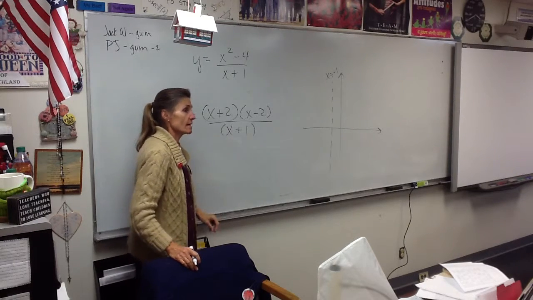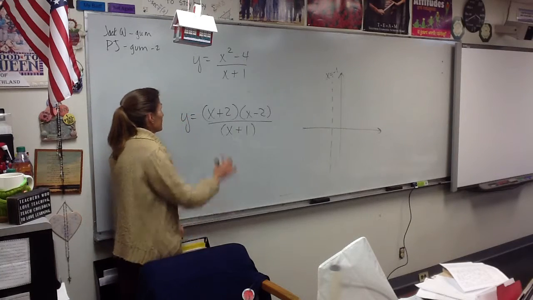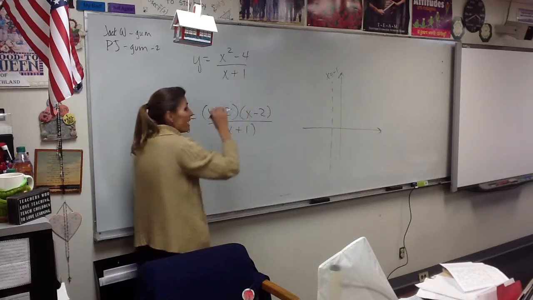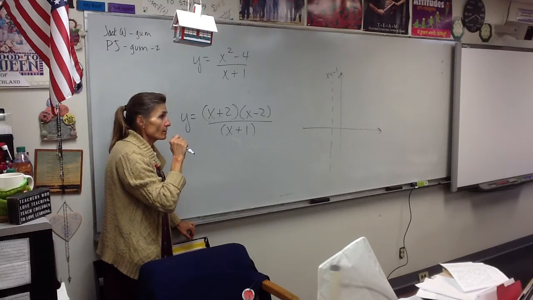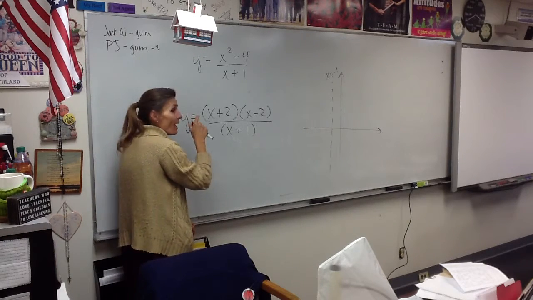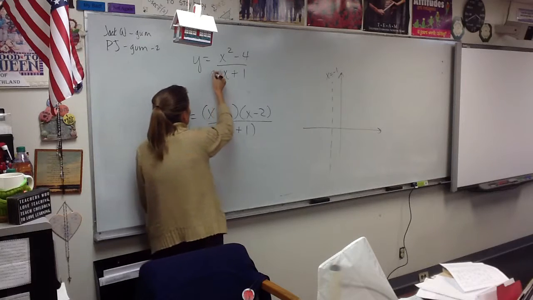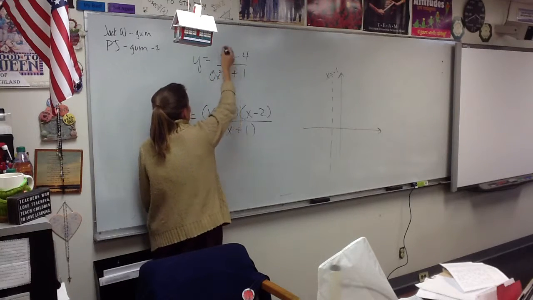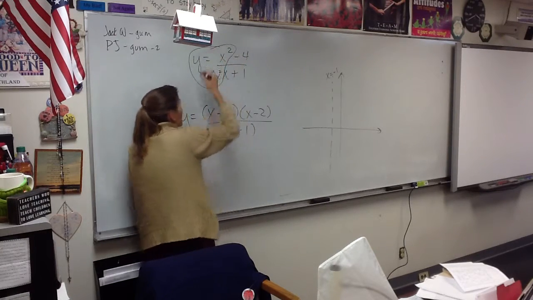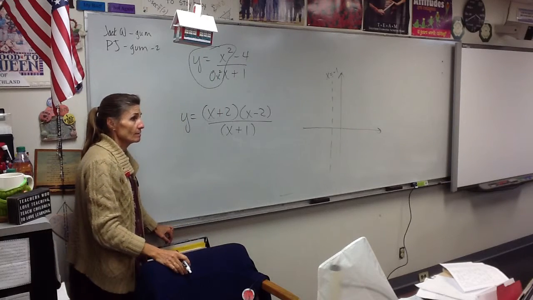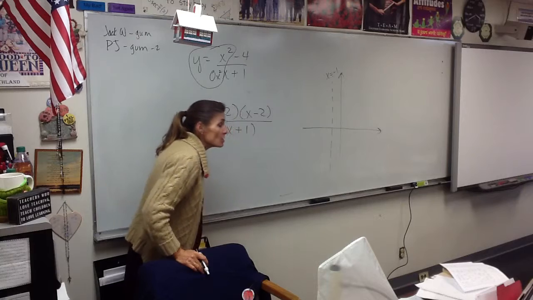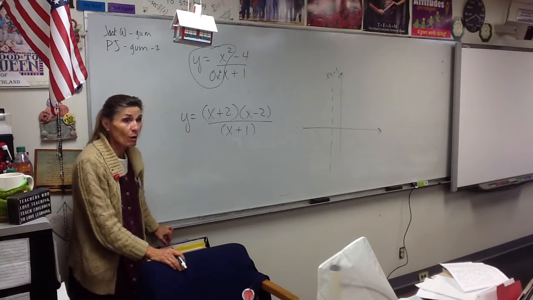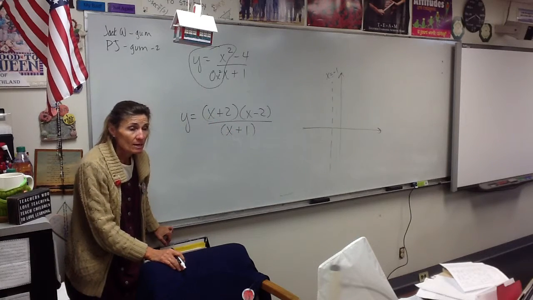All right, now wait a second. Look back up here. What's the highest power in this problem? X squared. I don't have any in the bottom, so I got to put a 0 x squared down here. Now tell me about that. That's not possible. You can't have a 0 in the bottom.